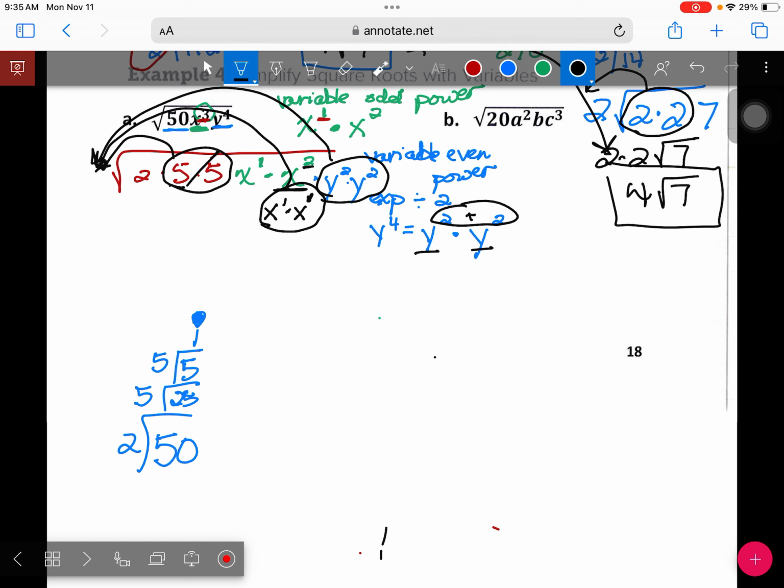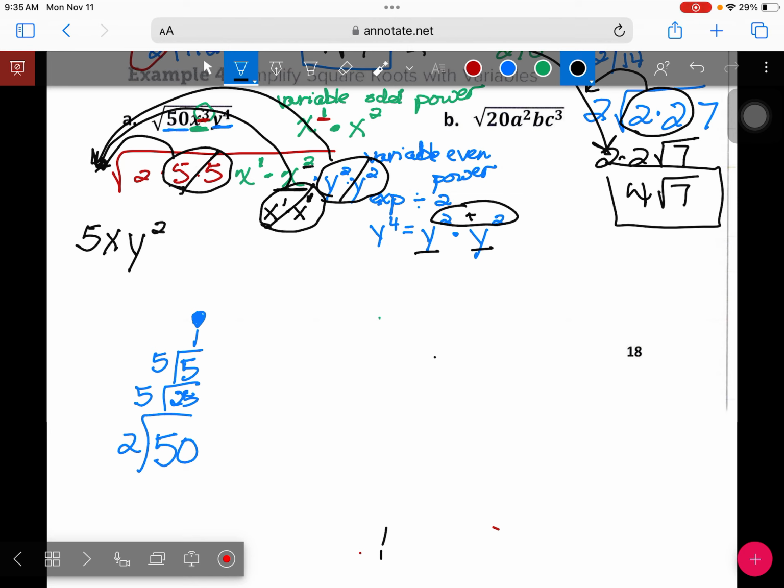So 5 times 5 means 1 5 comes out front. Times x to the first times x to the first means 1 x to the first comes out front. Y squared times y squared, only 1 y squared comes out front.